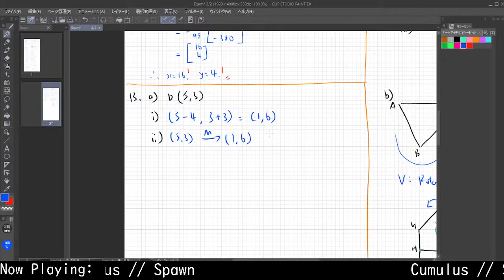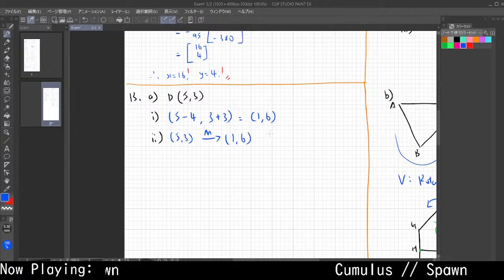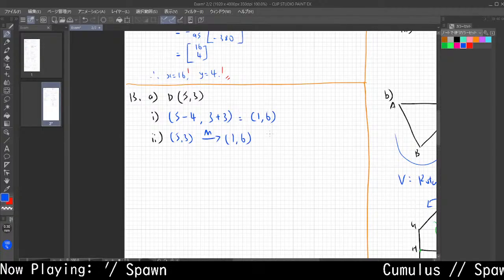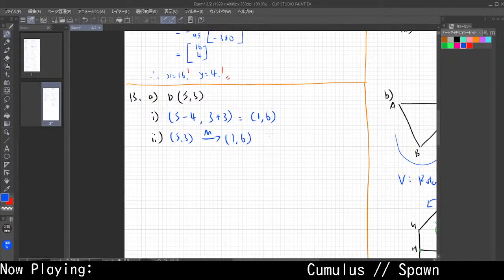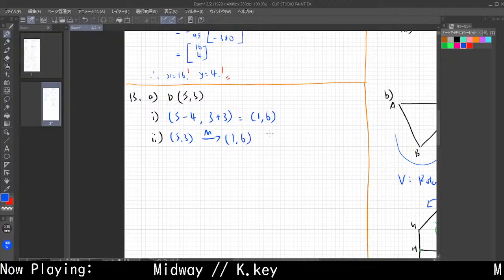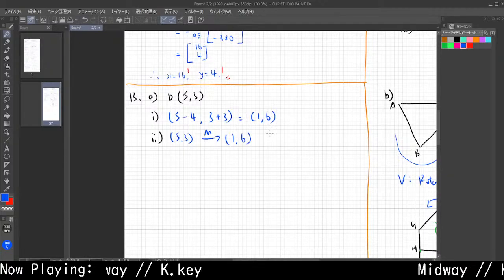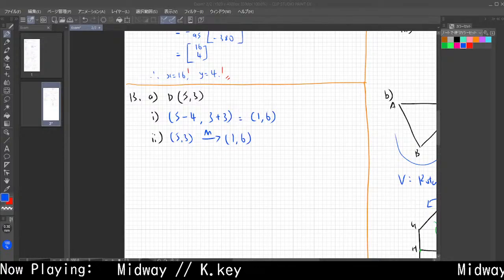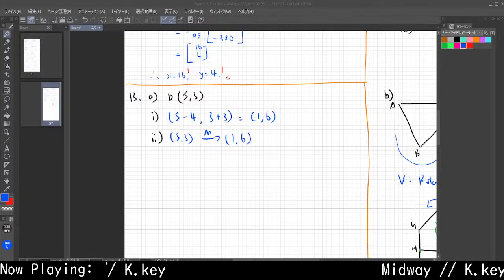So in this case, your N is the reflection in the line y equals x.